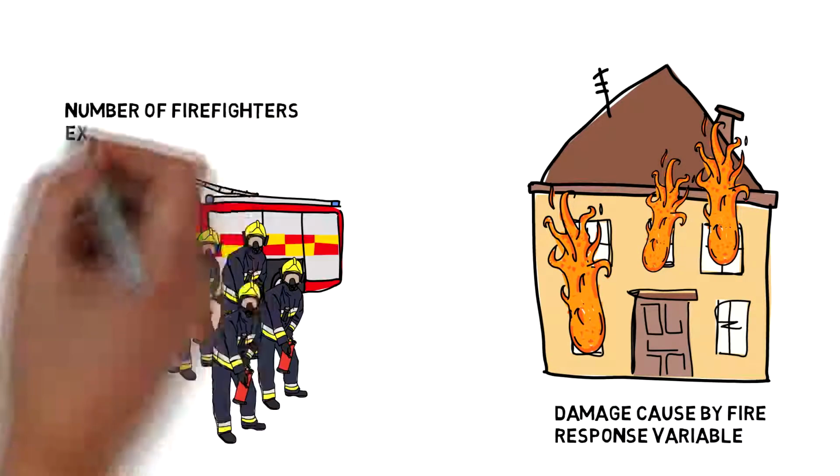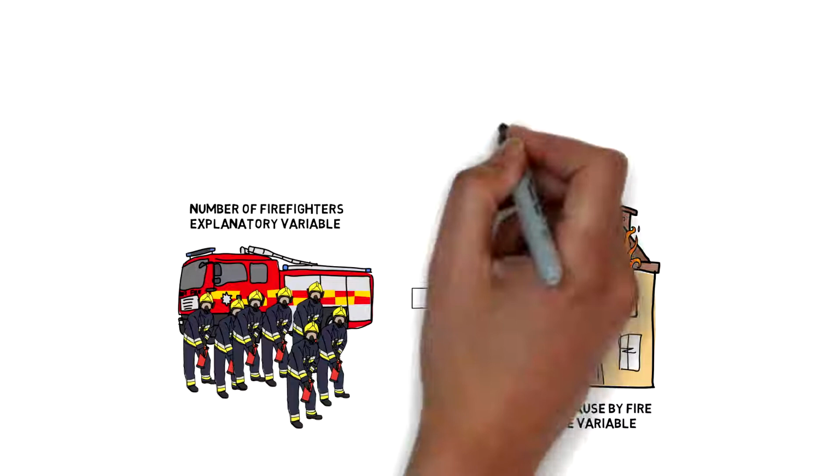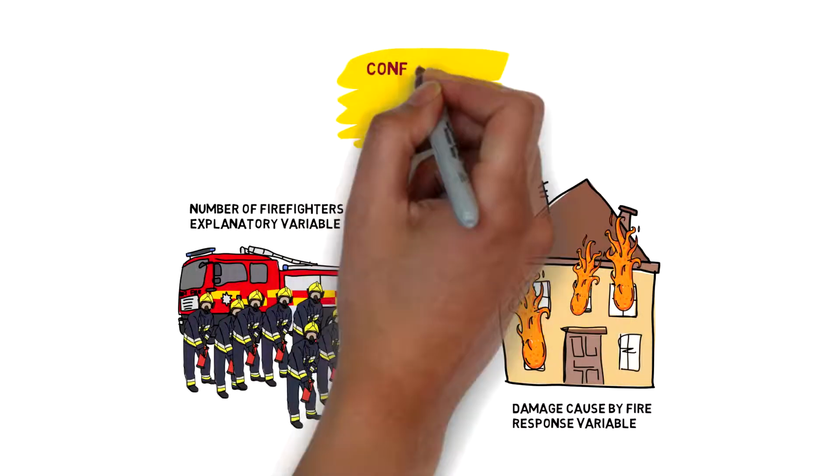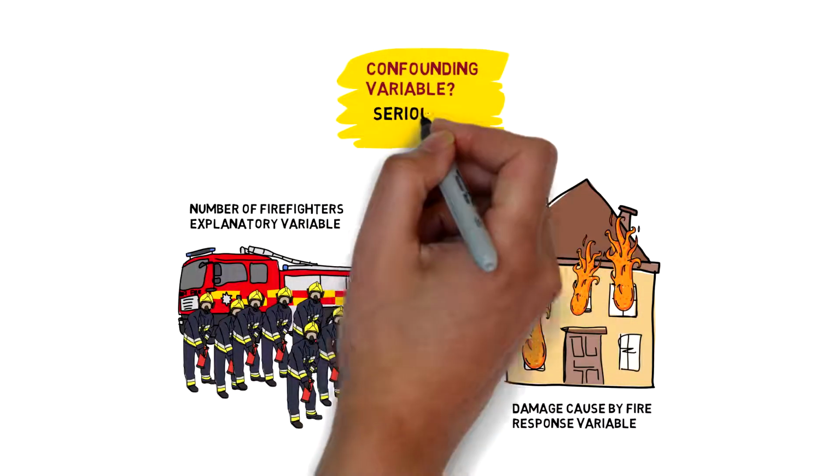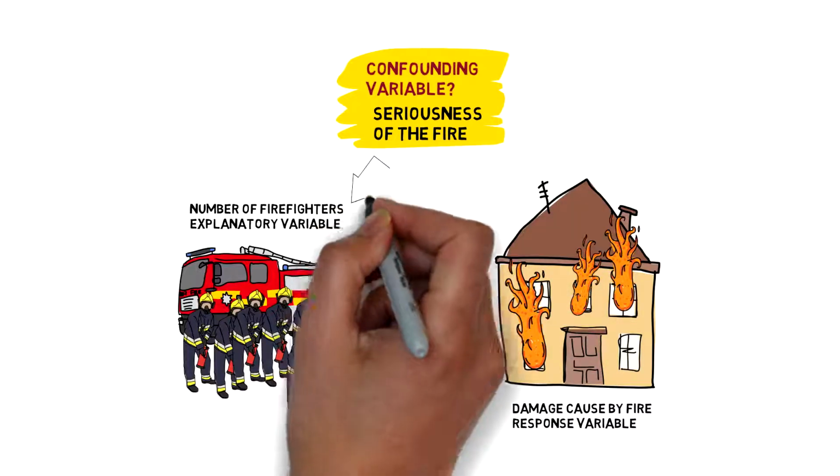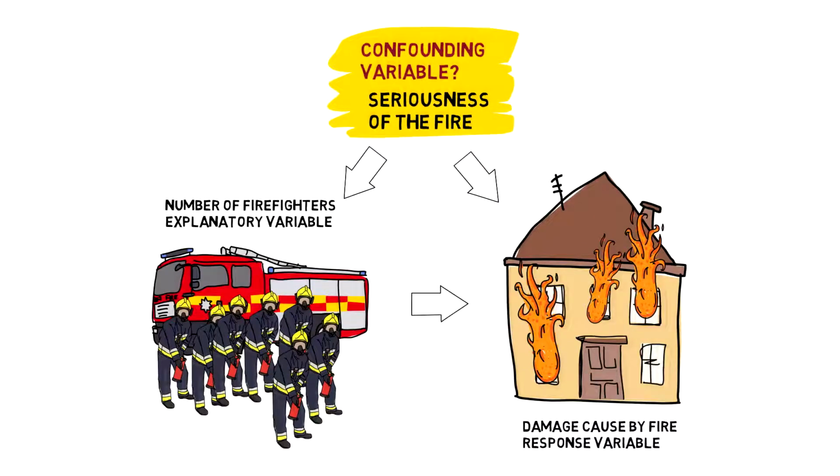There is a third variable in the background, the seriousness of the fire, that's responsible for the observed relationship. More serious fires require more firefighters and also cause more damage. This model will help you visualize this situation. The seriousness of the fire is a confounding variable.